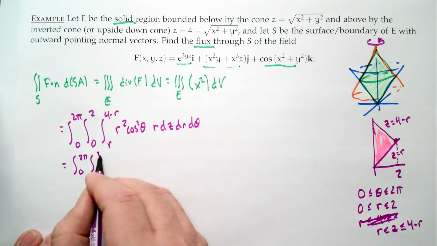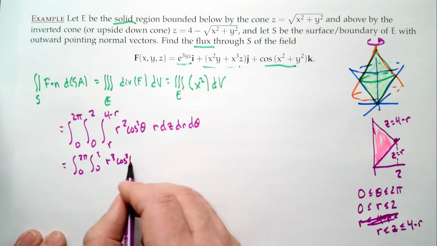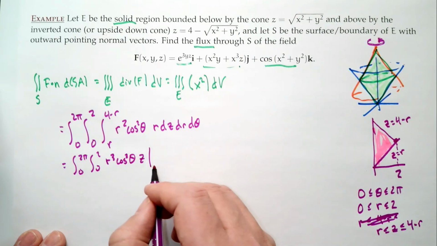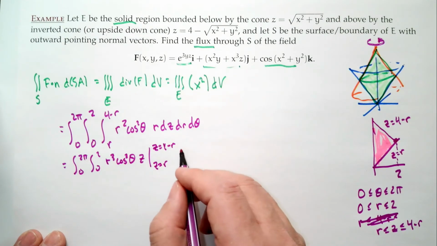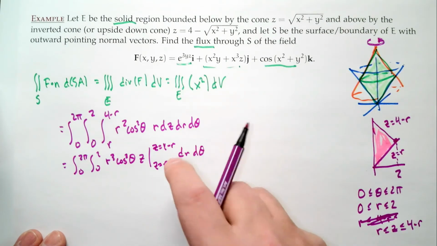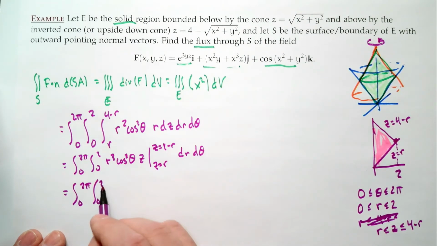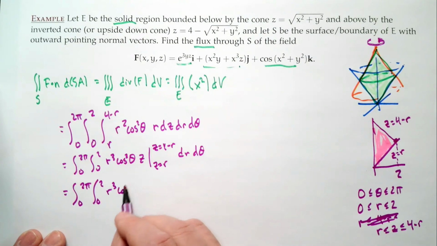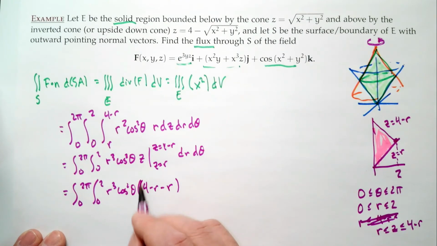The first layer is pretty easy because there's no z. So we still have the r cubed cosine squared, then z evaluated from z equals r up to z equals 4 minus r. When you evaluate that, you take 4 minus r, subtract r, which is 4 minus 2r. So we get the integral from 0 to 2 pi, 0 to 2 of r cubed cosine squared times 4 minus 2r.